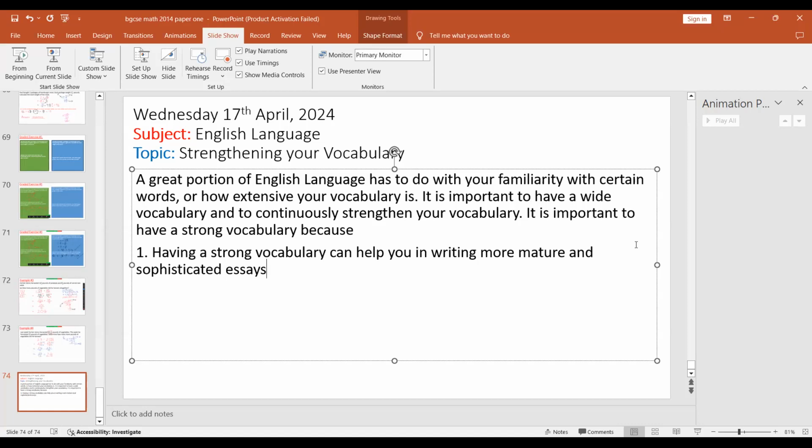If you have a strong vocabulary, you can write essays that are more developed, more mature and sophisticated.